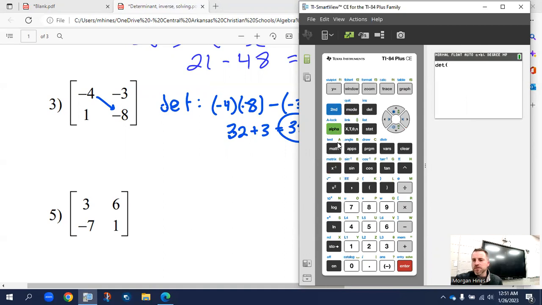We just have to enter the matrix. How do you enter that? Alpha and zoom. Then we choose a 2 by 2, and mine already has 2 by 2 selected, so I'll hit OK. Negative 4, negative 3, 1, negative 8, and we see that it's 35.